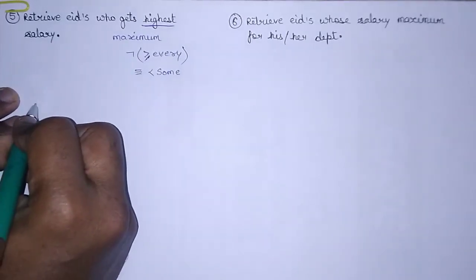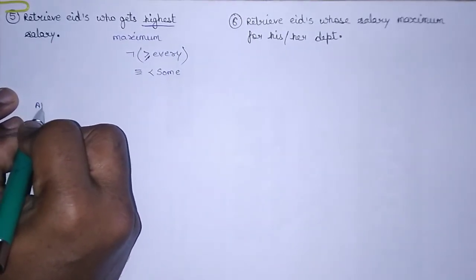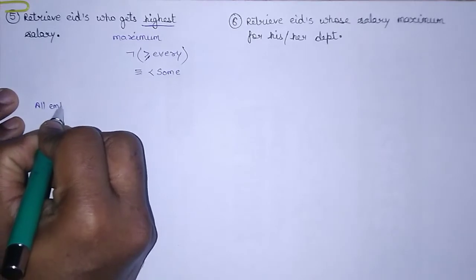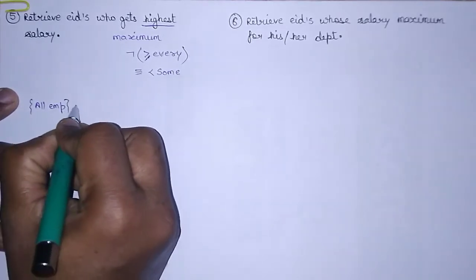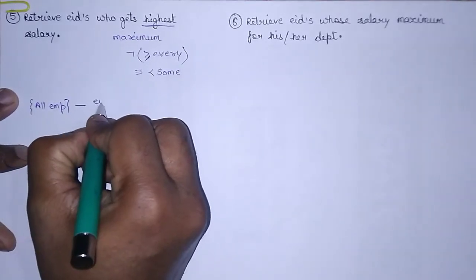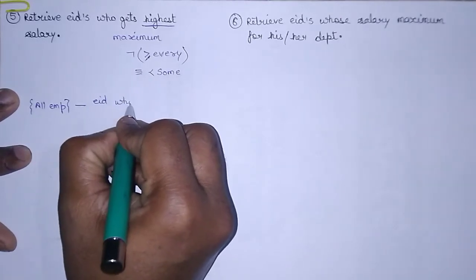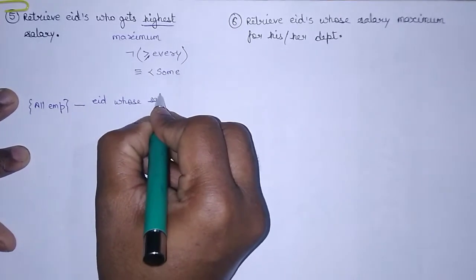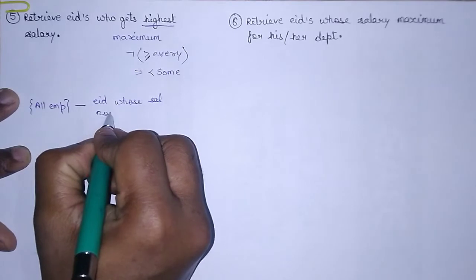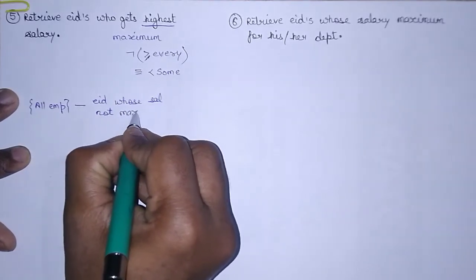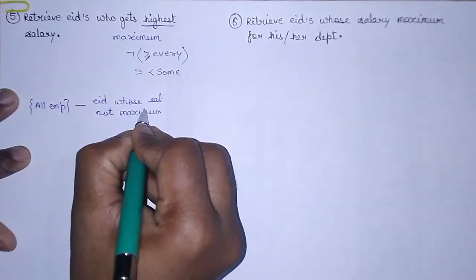Now we have to subtract it from all employee. So we have to subtract from all employee the employee IDs whose salary is not maximum.